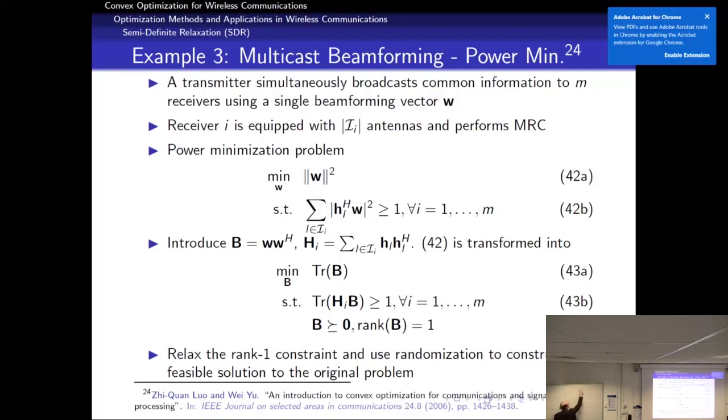After MRC, the sum of the magnitude squares is essentially my SNR. In the same way as, if I had h1, h2, h3 and three receive antennas, I had |h1|² plus |h2|² plus |h3|². Remember when we were doing MRC and I had only a single antenna here, right?